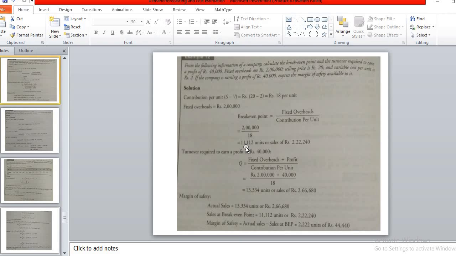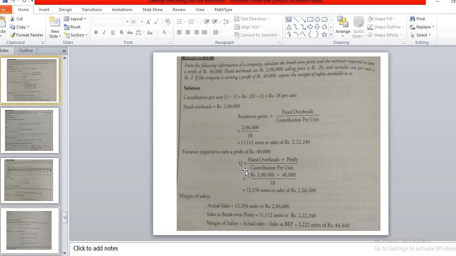And if you multiply these units by the selling price of 20, we will get this quantity in terms of rupees. Now for the turnover, we require 40,000 rupees profit.